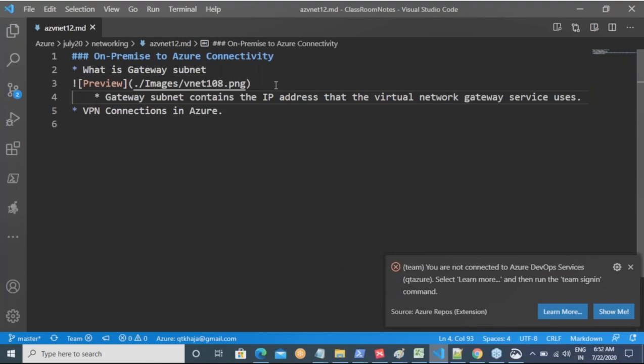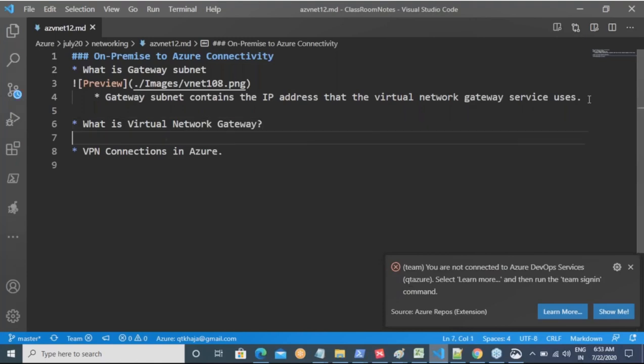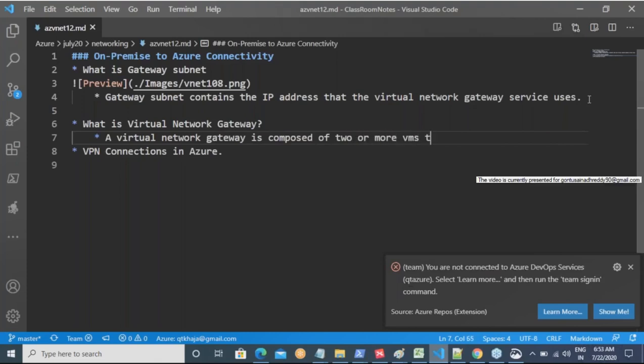Right? So what is virtual network gateway? Okay, so a virtual network gateway is generally composed of two or more VMs that are deployed to specific subnet.